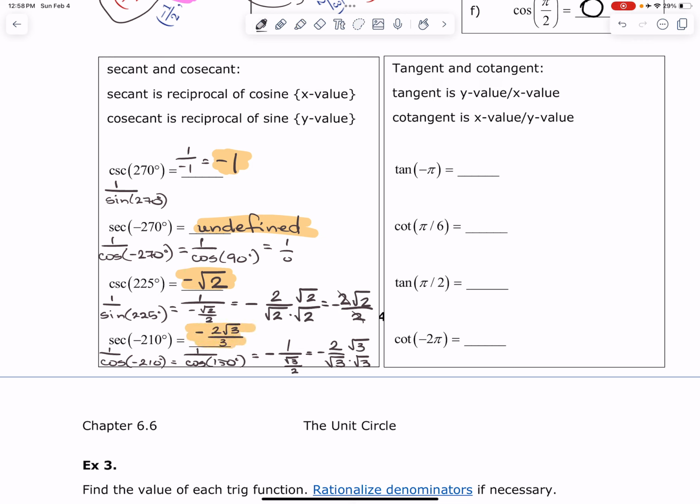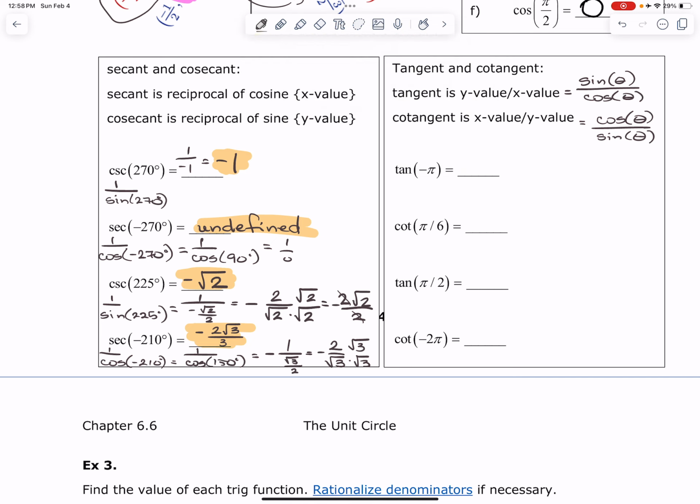Okay. Tangent and cotangent. Tangent is y over x, which is also sine over cosine. Cotangent is x over y, that's the cosine of our angle over the sine of our angle. Tangent, negative pi. Let's see if we can get another shade of gray here.